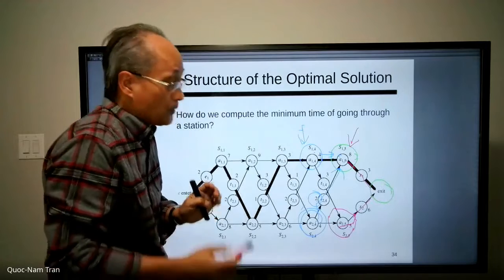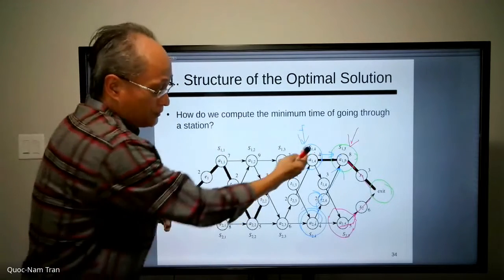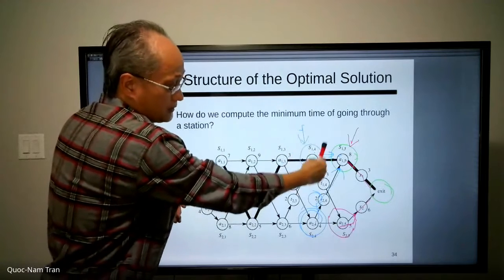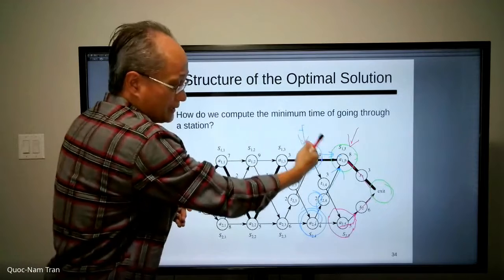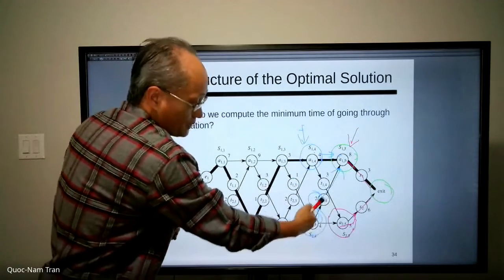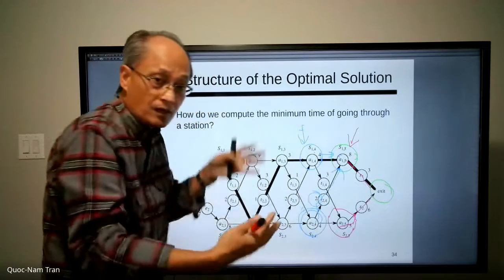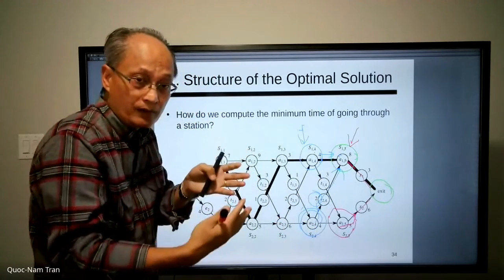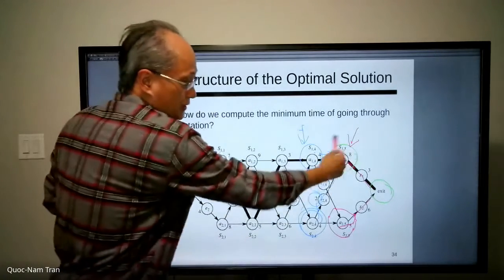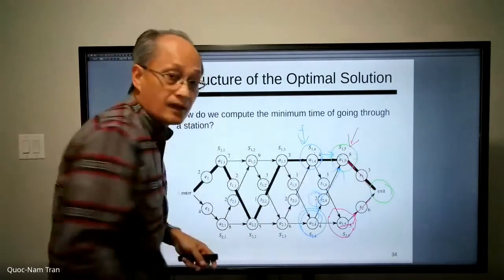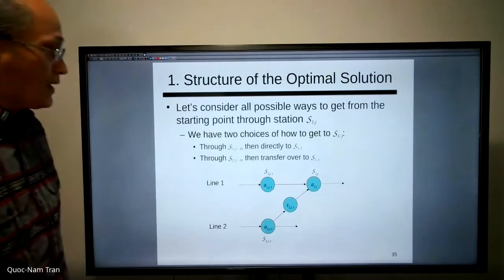So the original problem is broken into finding the smaller solution on the same assembly line, and finding the same solution on the other assembly line plus the extra cost. Compare them. The smaller value will be the best value for reaching this station, right? So that is the idea we have.